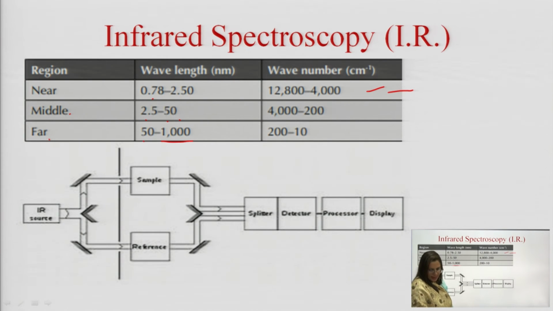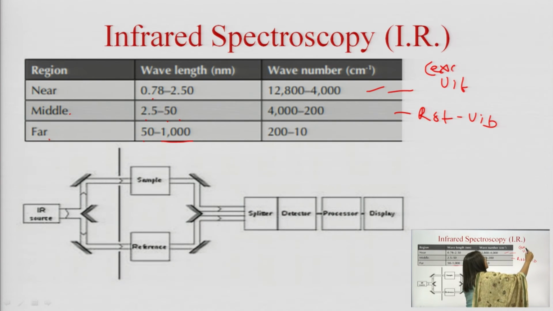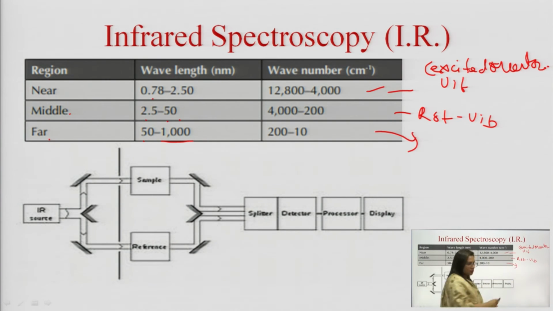In the second one, the study of fundamental types of vibration takes place, like rotational and vibrational. And the last one is the feeble one, where rotational spectrometry is observed.